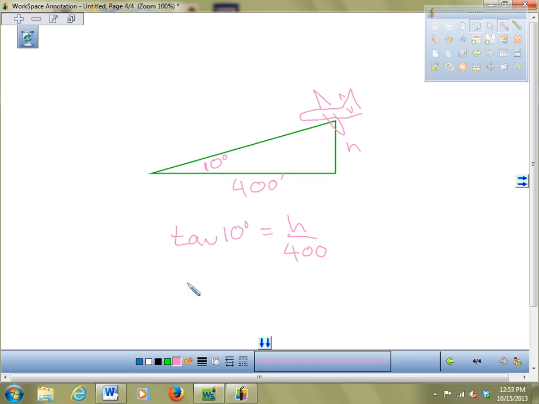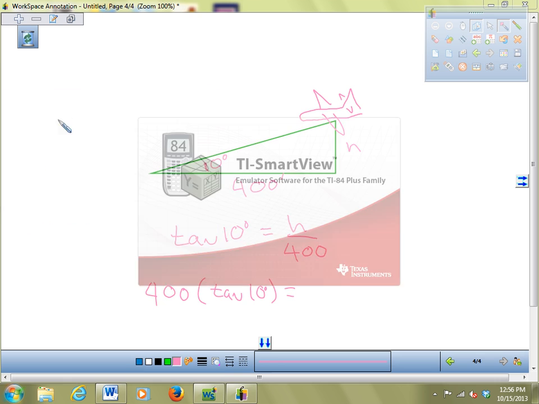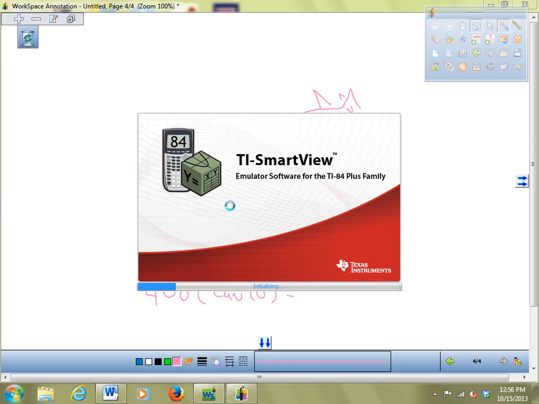Okay, so then I will multiply 400 times the tangent of 10, and I would get my answer. Can you do that on your calculator? Make sure for this one at least, you're in degree mode. All right?